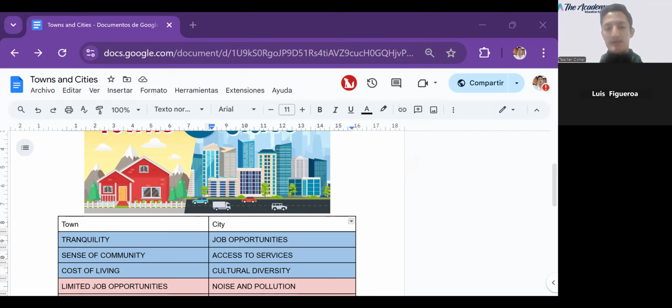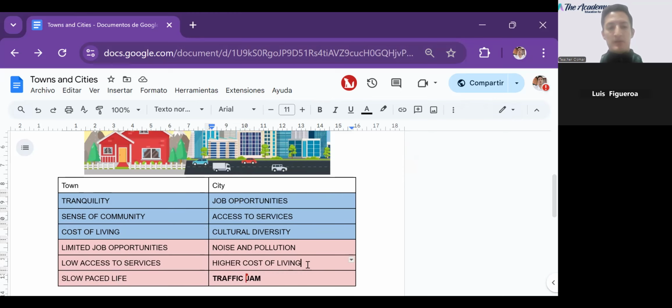Access to service. What else? Atención más rápida en hospitales y lugares como cafeterías, restaurantes. More places, excellent. Yes, super excellent, Luis. So you got it.